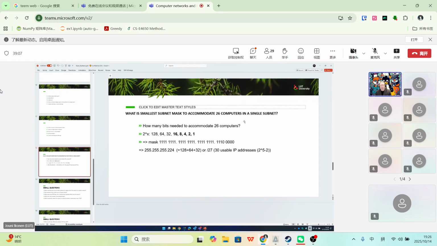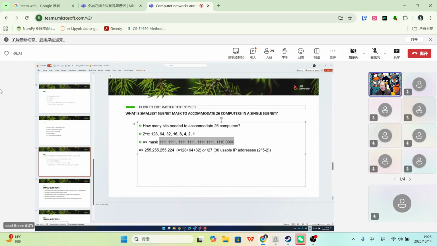Later on, there is a question: what is the smallest subnet mask to accommodate 26 computers in a single subnet? Basically, we can look at the net mask as a binary number.